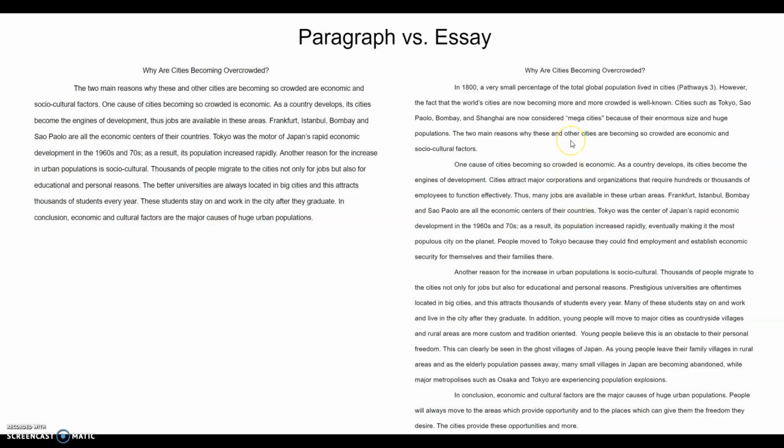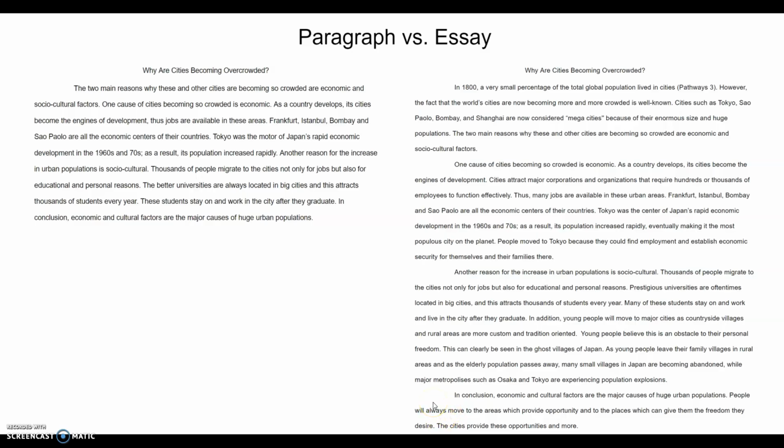An essay has at least 4 paragraphs. You can see that we have one paragraph here, the introduction, one paragraph here, which is body paragraph number 1. Then we have another paragraph here, which is body paragraph number 2. And then we have the last paragraph, which is the conclusion paragraph. So you can see that an essay is 4 paragraphs.